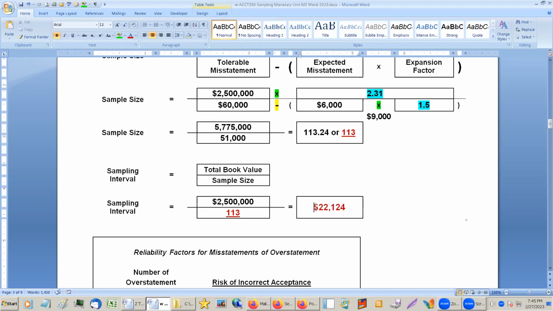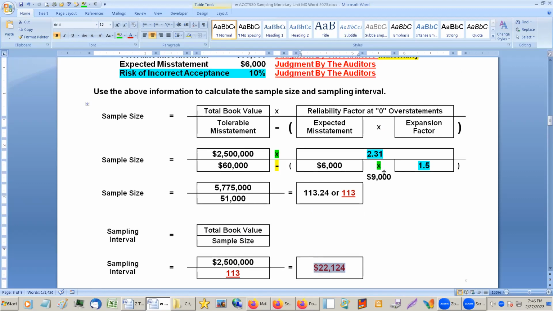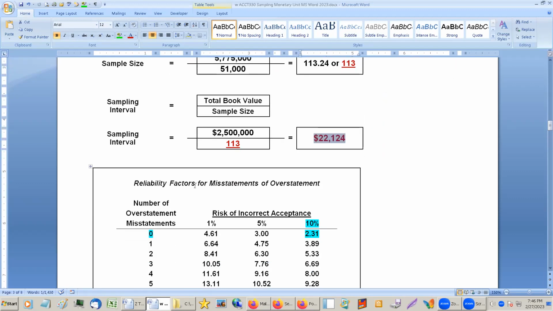But certainly if something is larger than $22,124, it's going to get picked. And the more that management overstates something, the more likely it is to get caught. And if it goes over 22,124, it's 100% certain it'll get caught. Question on that? Okay, let's stop here.